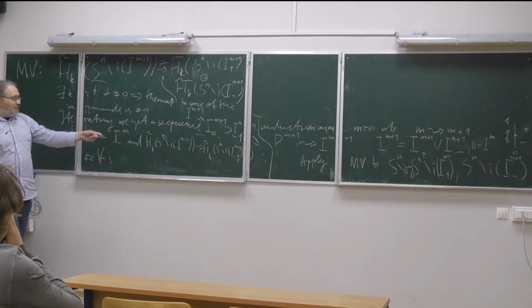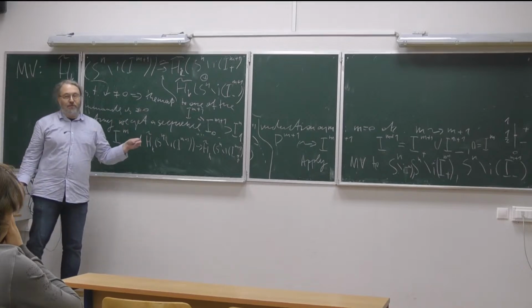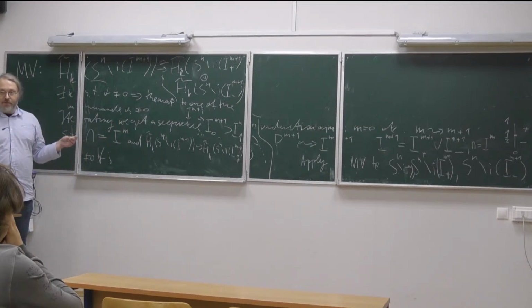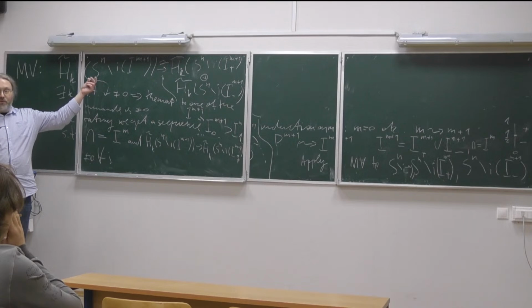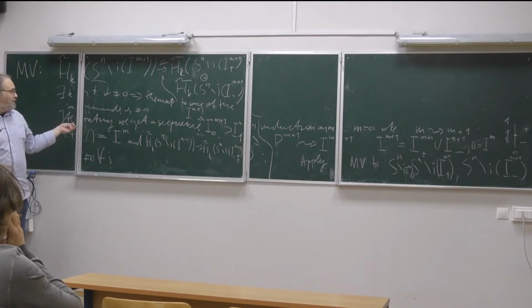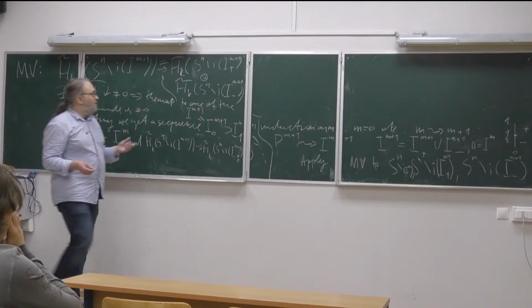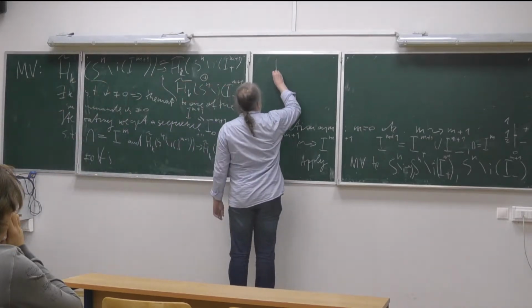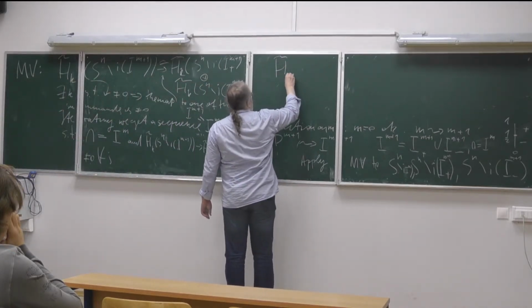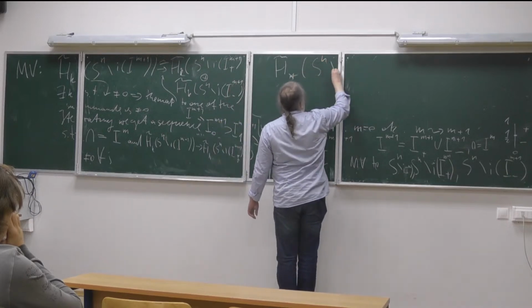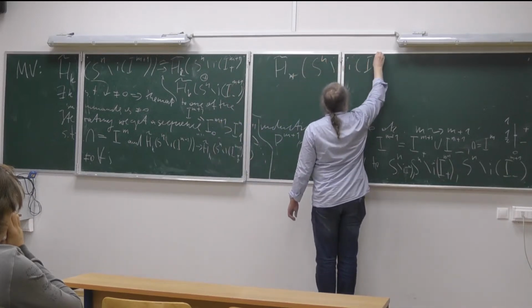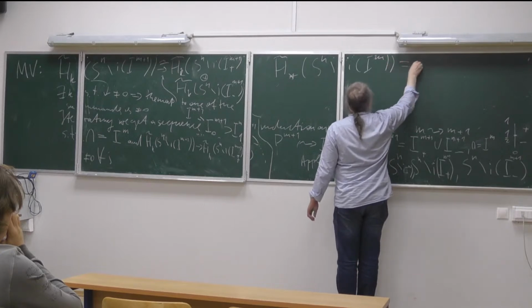The direct limit commutes with taking homology. This is what continuity means. We've just seen it. Now the intersection is a lower dimensional cube, so the homology of Sn minus I of Im is 0.